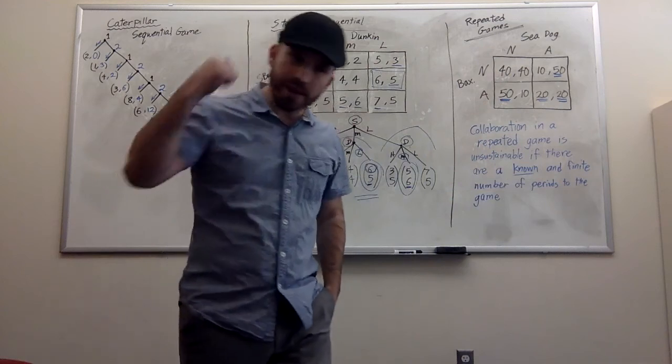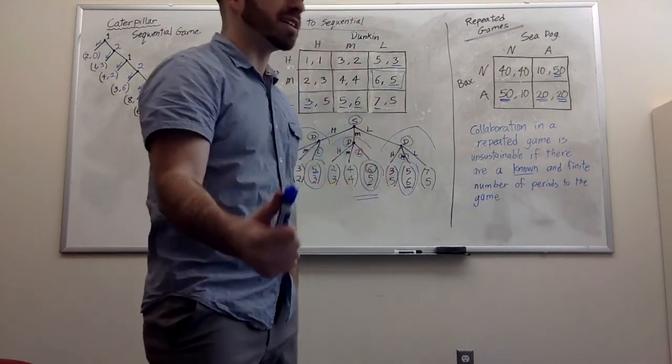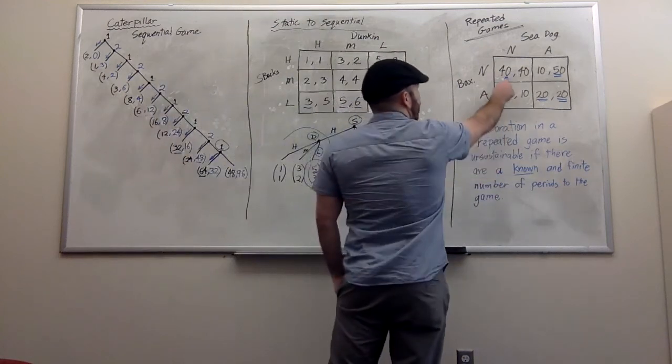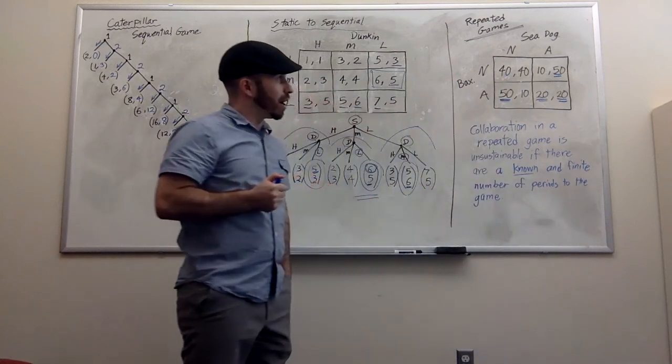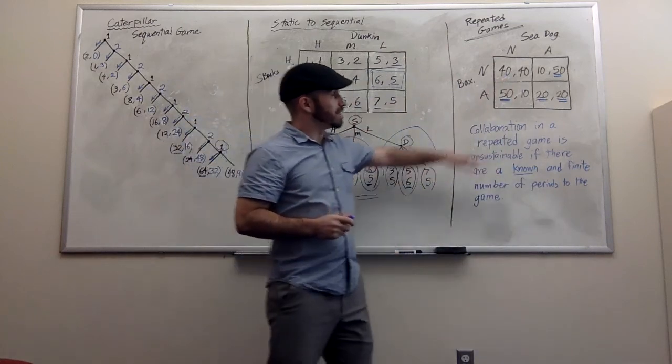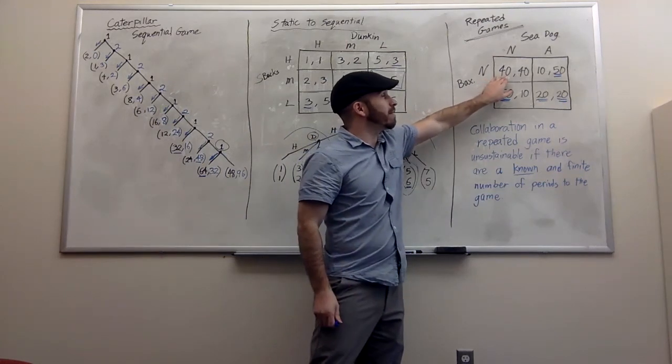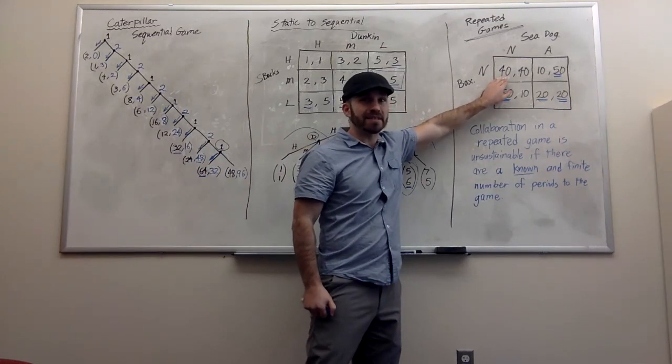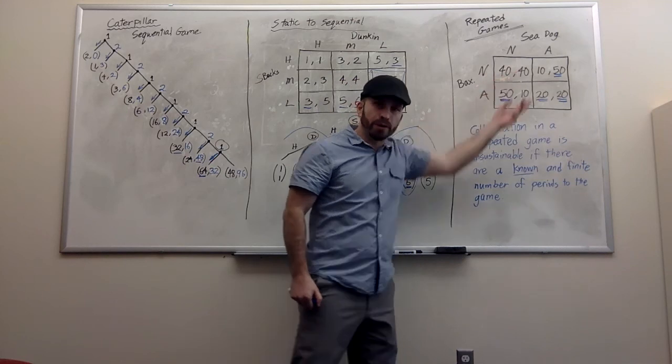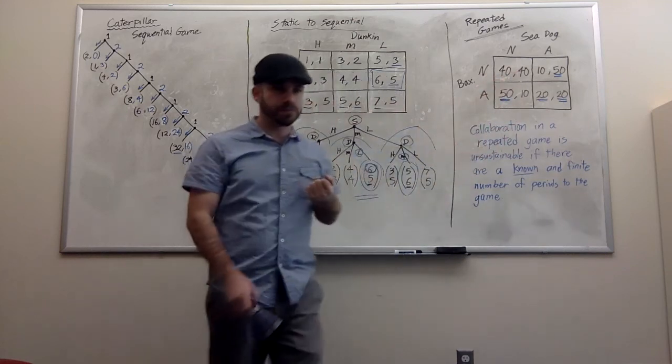Because then the rational thing to do is to think about the last stage of the game, and if our desired outcome is not an equilibrium in that last stage of the game, right, then the whole thing starts to collapse backwards.